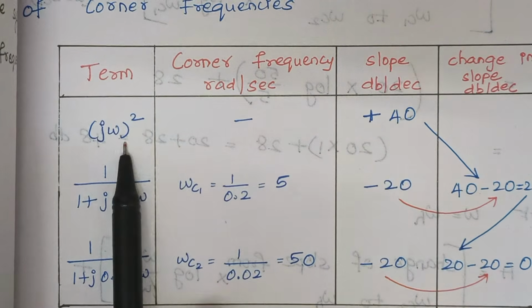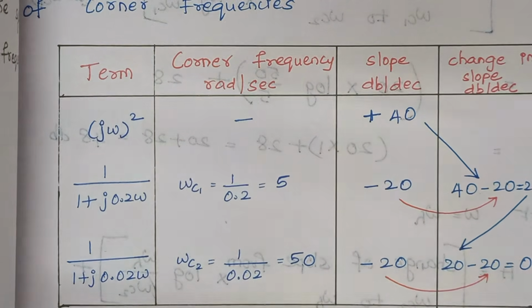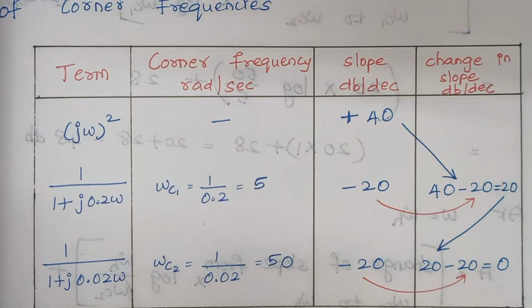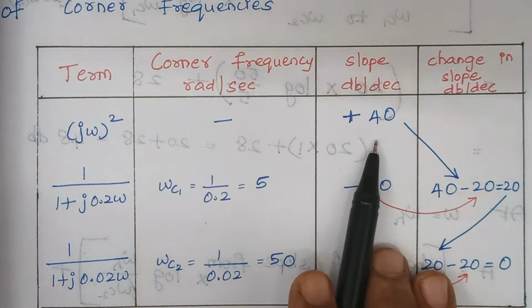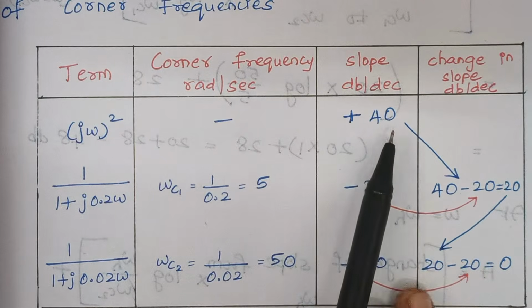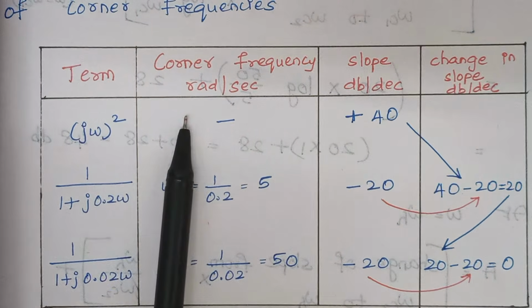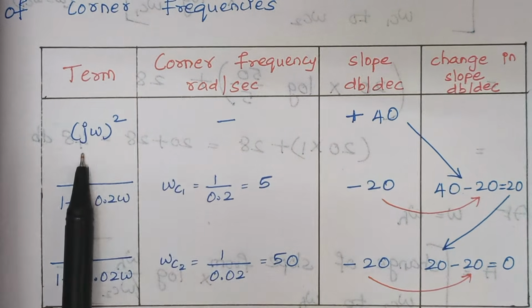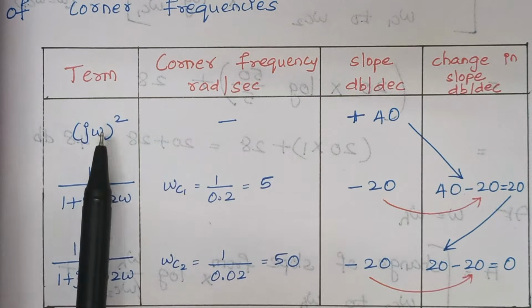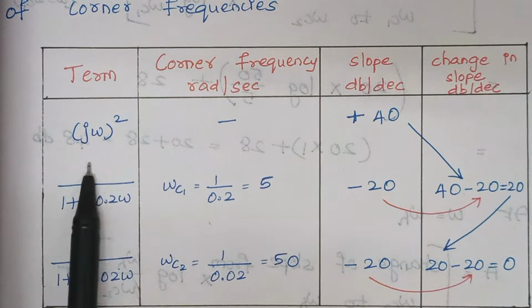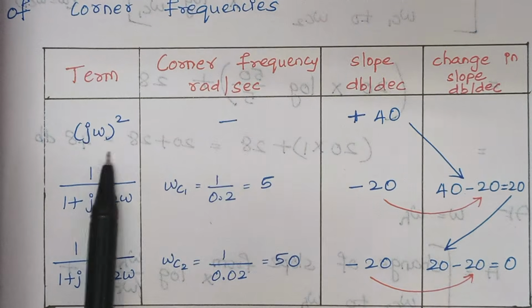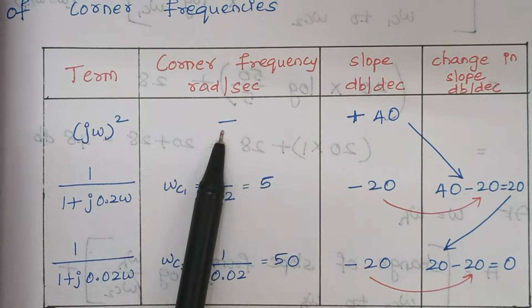Since this omega is in the numerator part, here we are considering the slope as plus. We are having omega square in the numerator part, so I am writing the first term as this j omega whole square. Since these terms do not have any corner frequencies, the corner frequency is nil here.